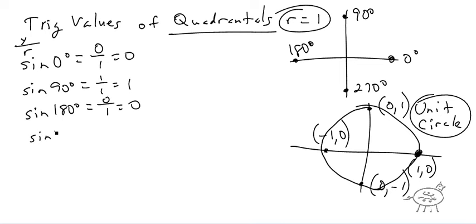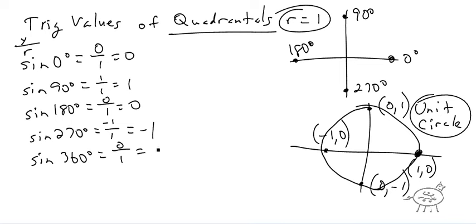And sine of 270 degrees is negative 1 over 1, which is negative 1. Okay? Very important. Now, if I kept going here, sine of 360 degrees. Well, isn't that going all the way back around the circle? So I'm back to 1 comma 0. So isn't that the same thing as 0 over 1, which is 0?